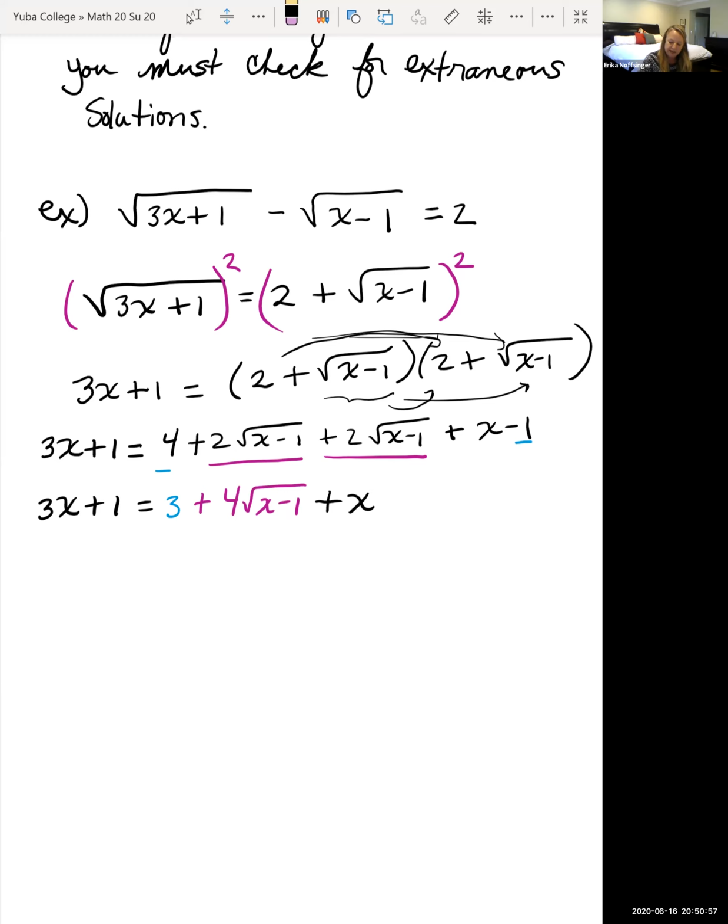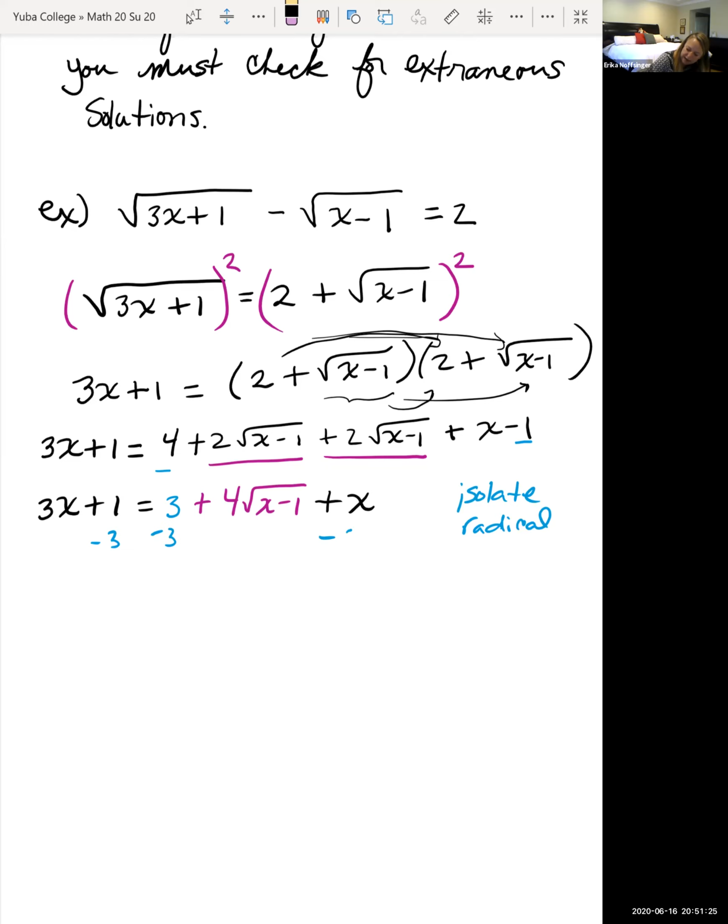Okay, so I need to repeat that step. I still have a radical in my equation. And so I need to go through the same process and I need to isolate the radical. So let's subtract 3 on both sides of our equation.